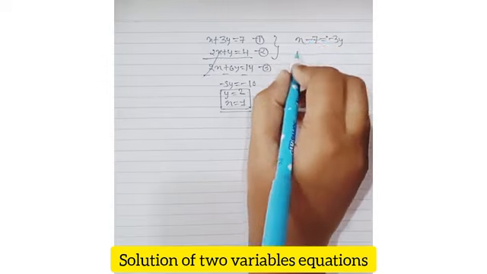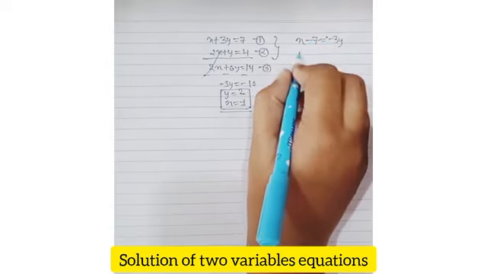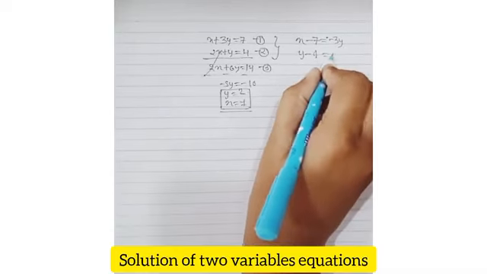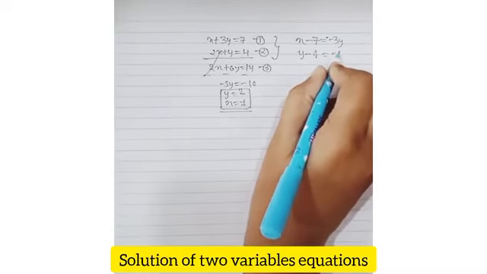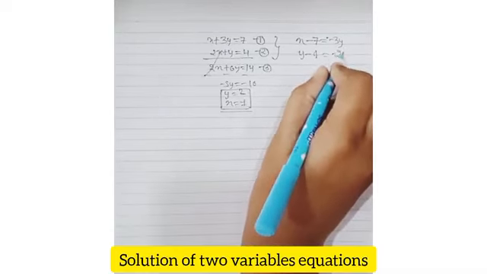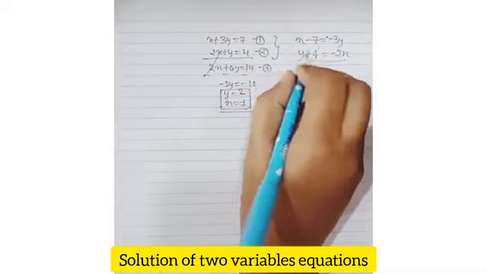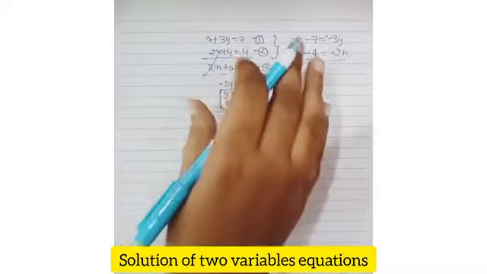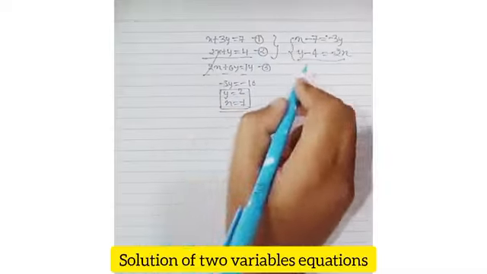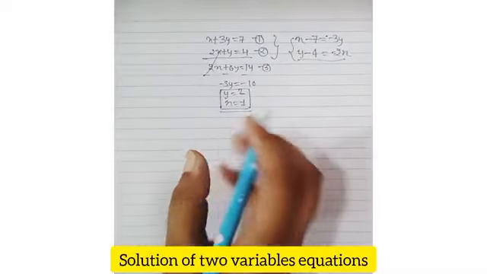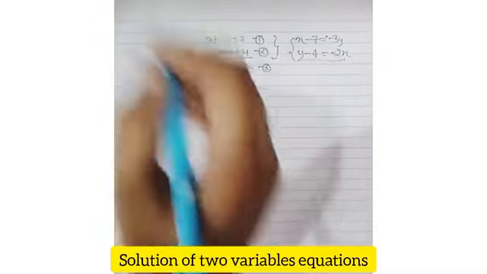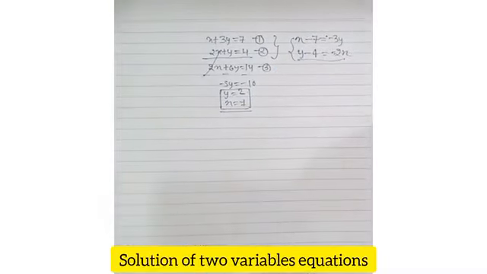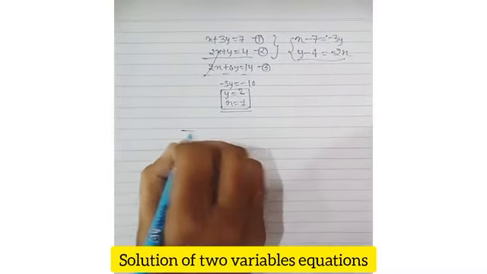I can write y minus 4 equal to minus 2x. Now we have our equations that we can put in our analog computer, and this will give us the result. Before I perform this, let me show you how it will work there.